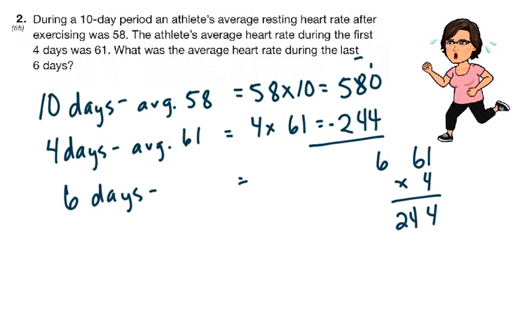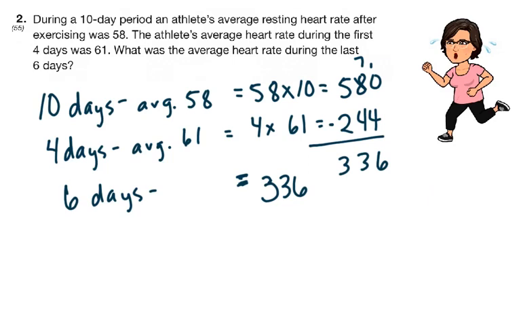10 minus 4 is 6, 7 minus 4 is 3, 5 minus 2 is 3. So for 6 days, the total was 336. Excuse me, not the average, the total. So we're going to take 336, and it was for 6 days, and that number is going to be your average.